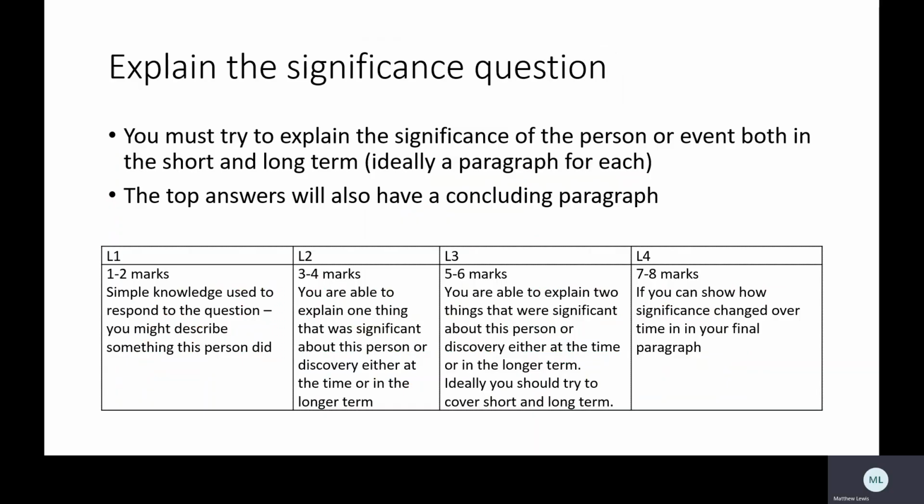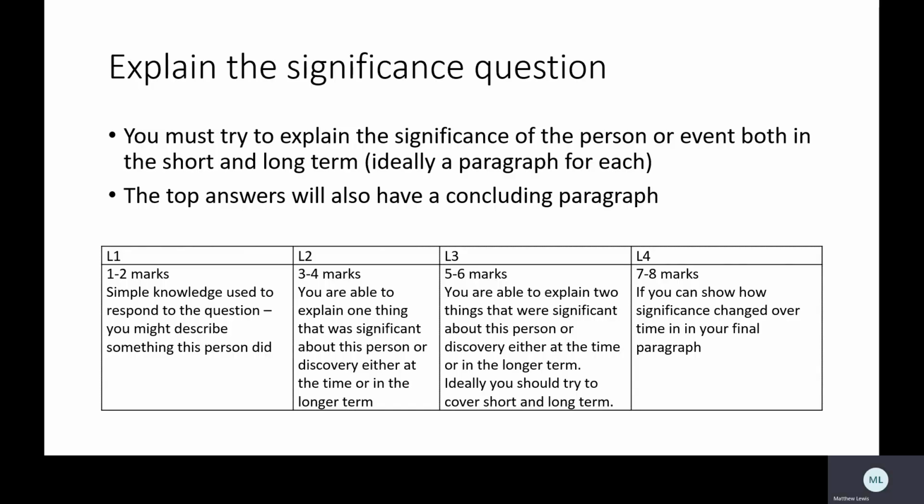Now the next one that you get is an explain the significance question, and what you see there is the mark scheme. For the explain the significance question, it's going to ask you why a person was significant in the history of medicine, or why an event was significant.